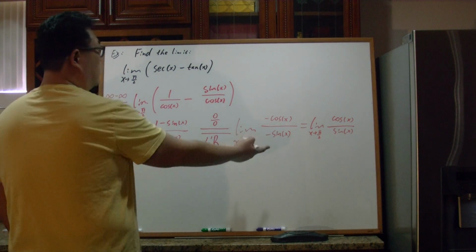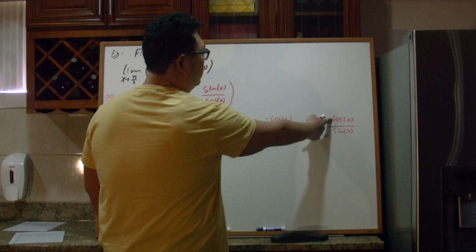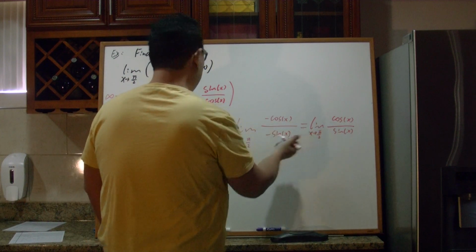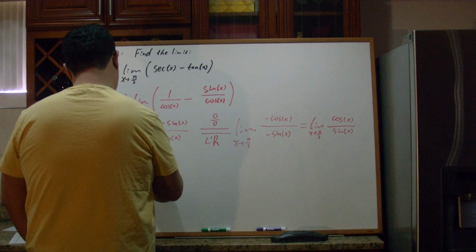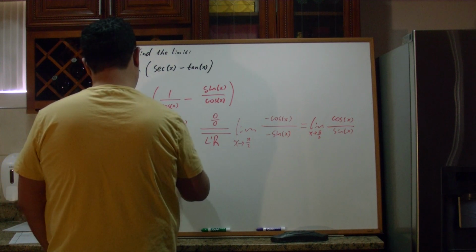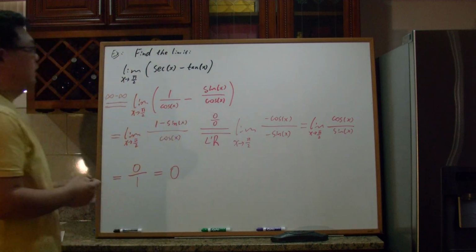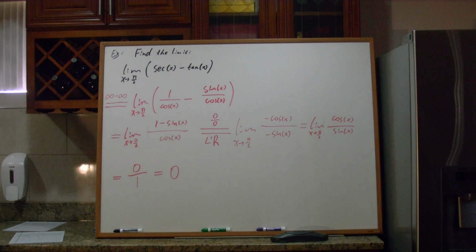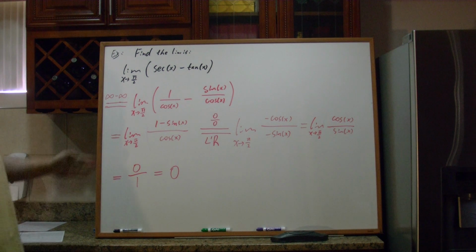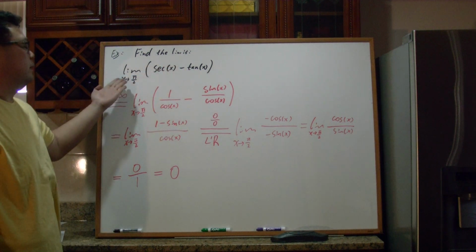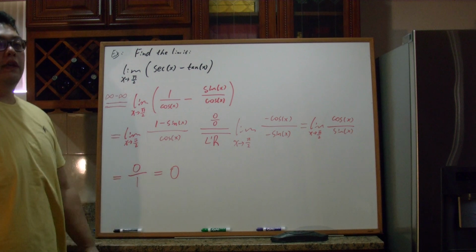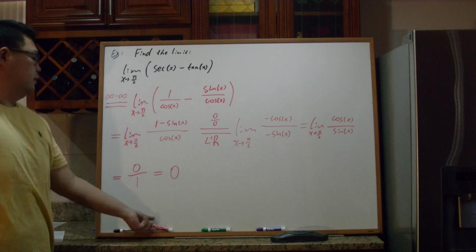What we can do is try to evaluate it. No problem, we get a 0 over 1. Right, 0 over 1, that is 0. So secant x minus tangent x as x approaches pi over 2, we get the value of 0.